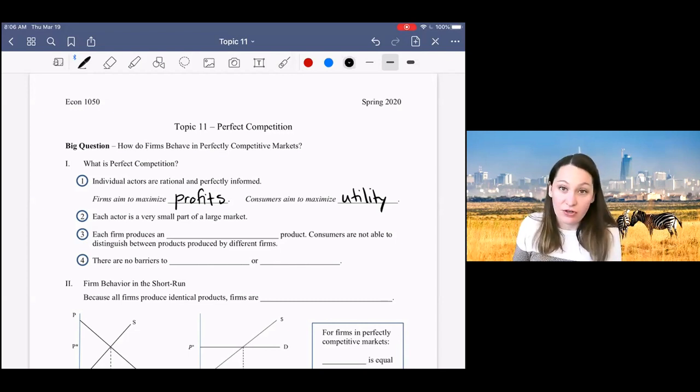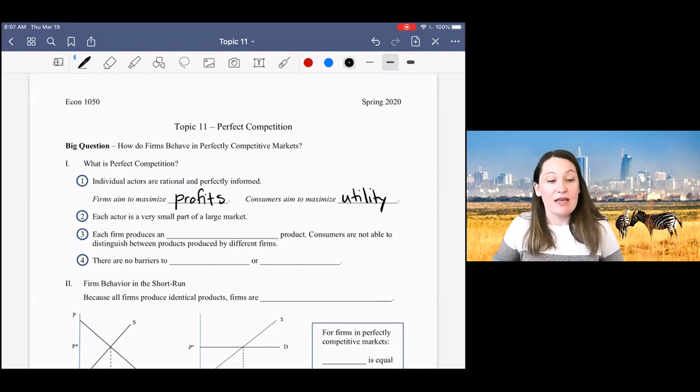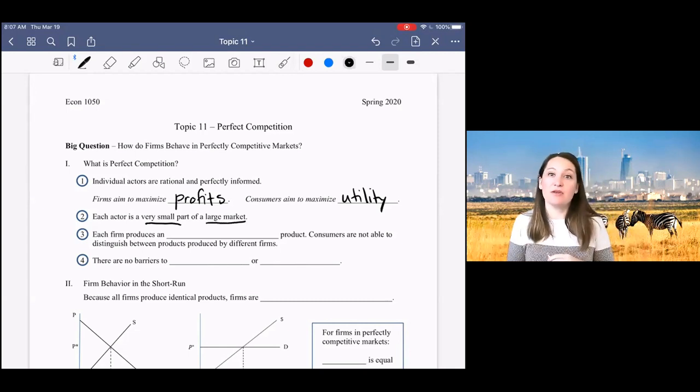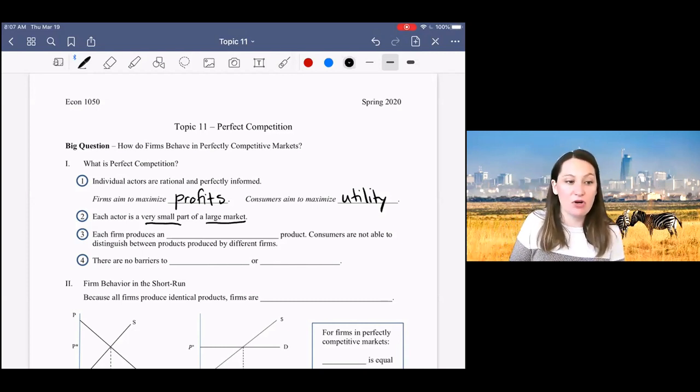Each actor, firms and consumers, is a very small part of a big market. So each firm is just one small supplier in a very big market. Each consumer is a small purchaser in a very big market.